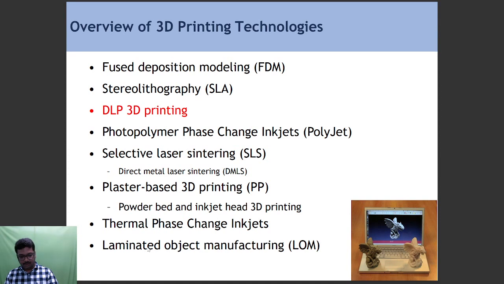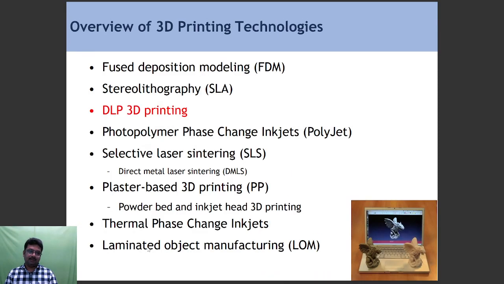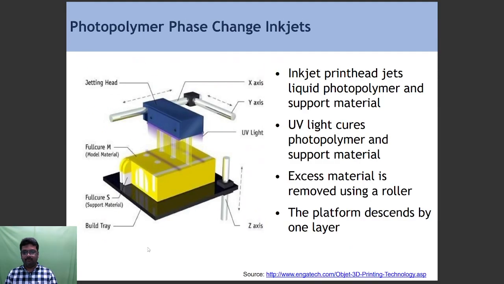Okay, the next one is photopolymer phase changing jet printers. This is similar to the earlier methodology we discussed with DLP. The difference is that we can produce some huge components using this technology.